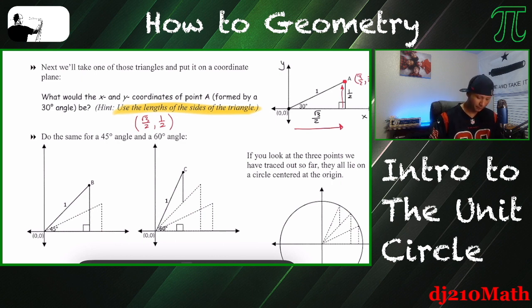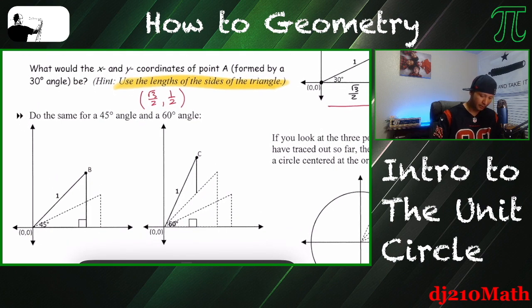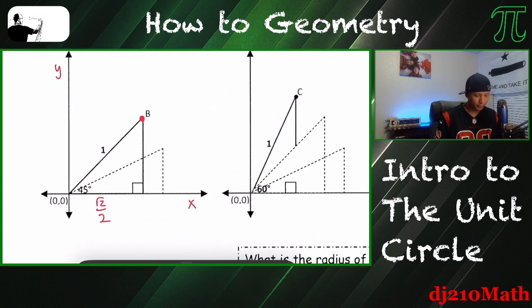And what happens is that for B, the 45, 45, the X direction, right, and then the Y direction. So the length of the 45, 45 triangle is root 2 over 2, and the height is also root 2 over 2. Therefore, the coordinates are root 2 over 2, root 2 over 2.